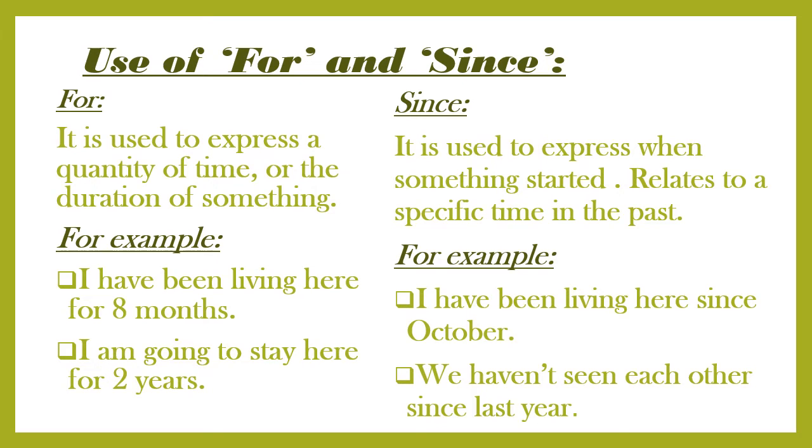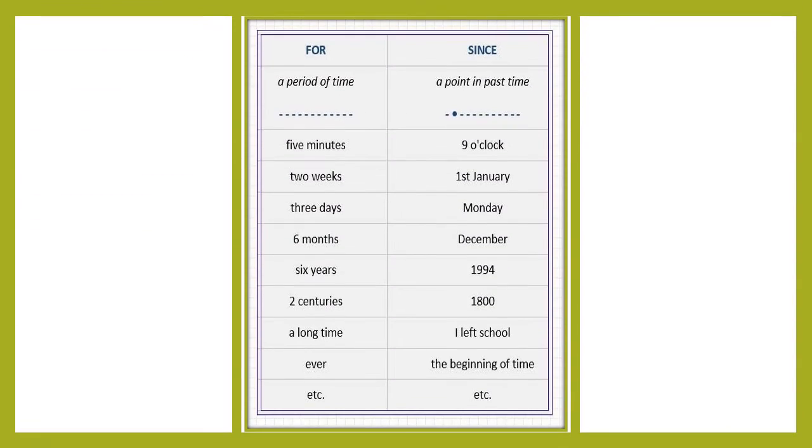We haven't seen each other since last year. Exact time is mentioned, last year, the starting point is mentioned, so we have to use since with it. We use for with a period of time.